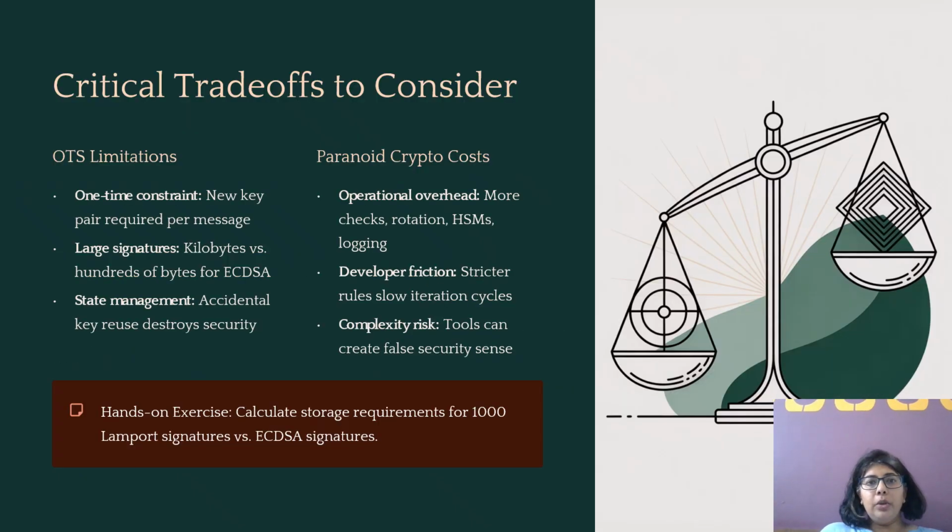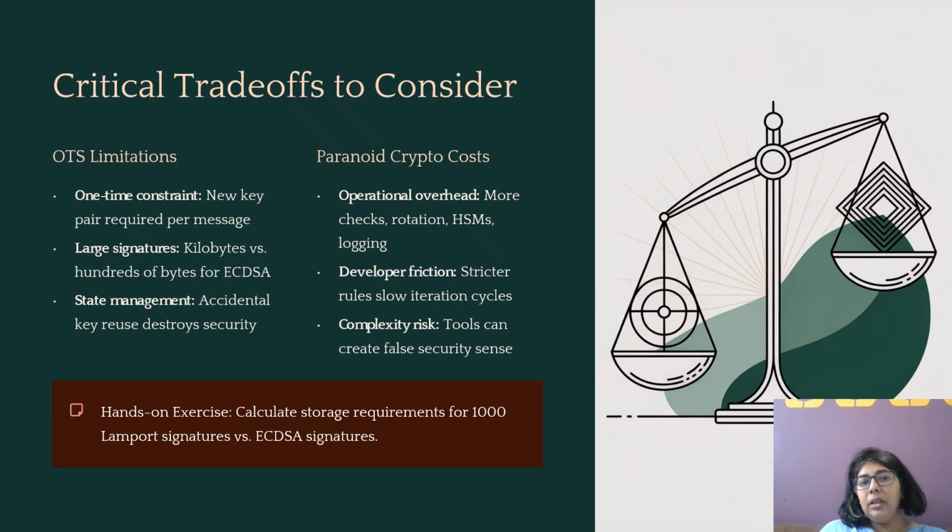There are critical trade-offs to consider between the OTS limitations and the paranoid crypto cost. OTS has a one-time constraint: a new key pair is required per message. Operational overhead: more checks and rotations are required for HSM logging. Large signatures: kilobytes versus hundreds of bytes for ECDSA.